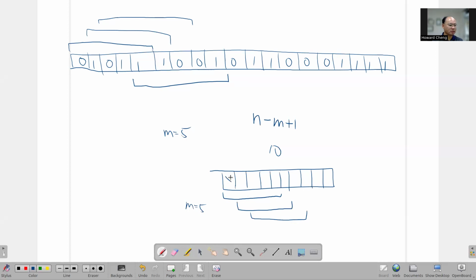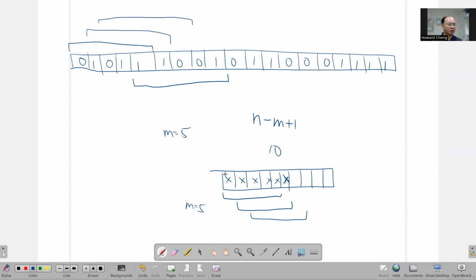This is the last spot that can start a window of size 5, and you can see that there's 6 of them. So 10 minus 5 plus 1 is the number of windows there are.